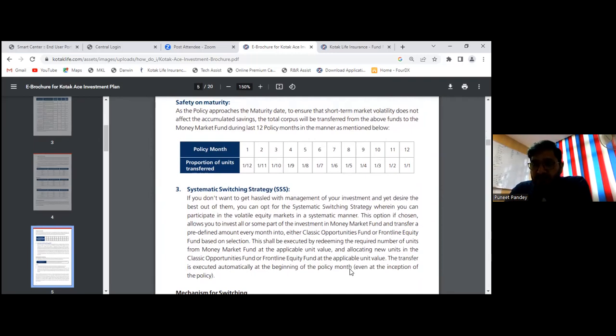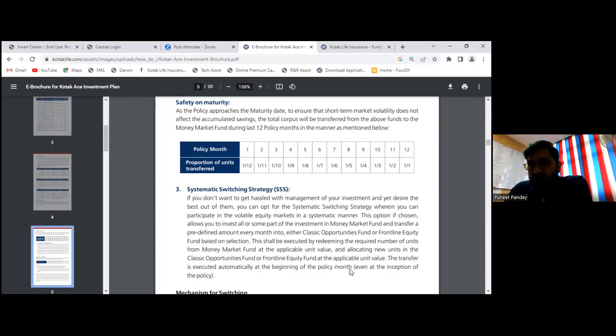So let's say I am investing 1,20,000 rupees and I opt for a systematic switching strategy and I have opted for classic opportunity fund. Classic opportunity fund means equity. Why are people going for systematic switching strategy? To minimize the risk. If the market falls down, what will happen and all these things.